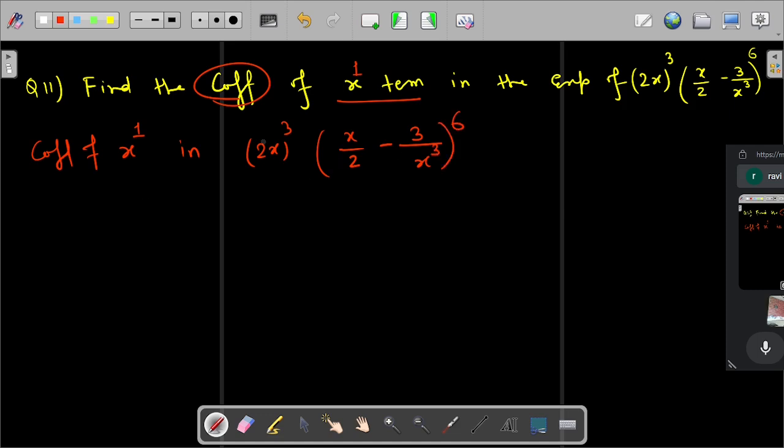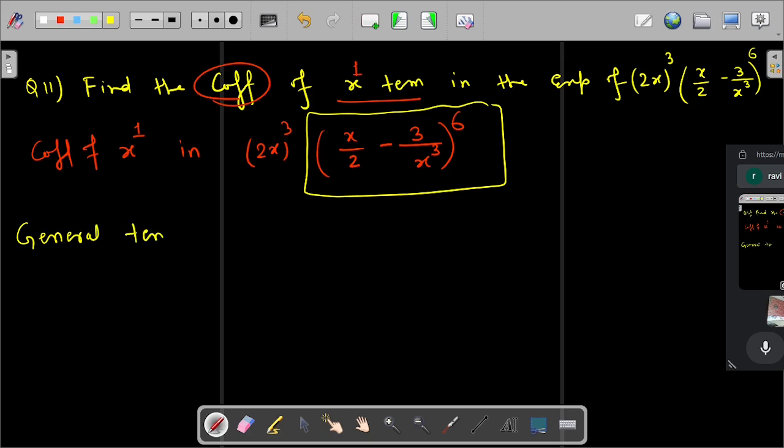First, if you want to understand this in a stepwise manner, first write the general term for this one, right? I'm going to write what should be my general term of the expansion (x/2 - 3/x^3) raised to power 6.